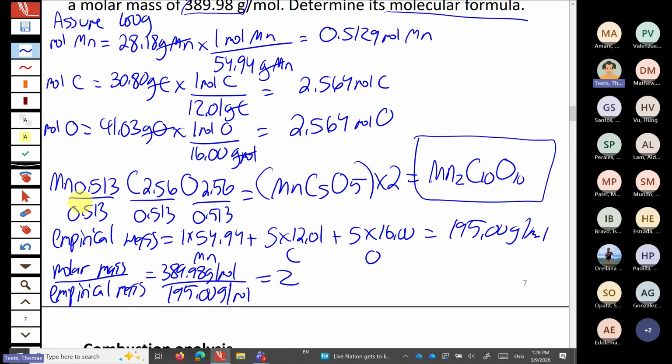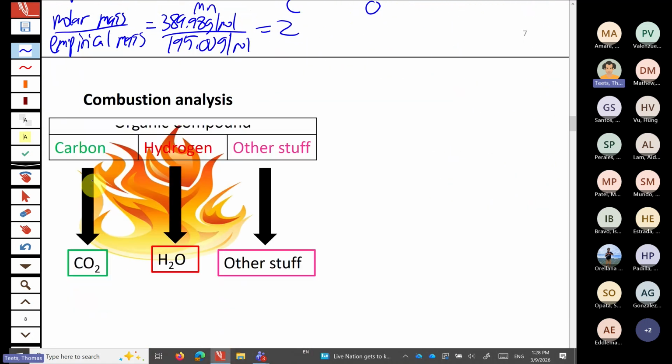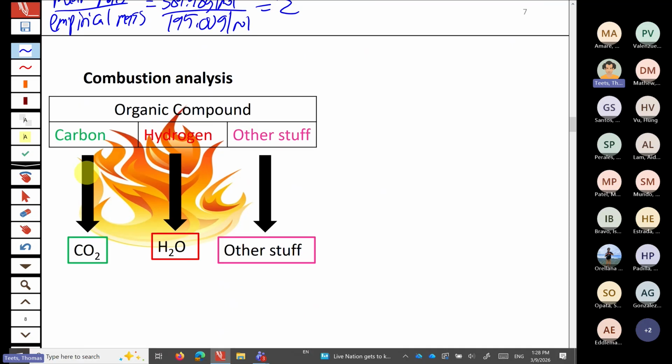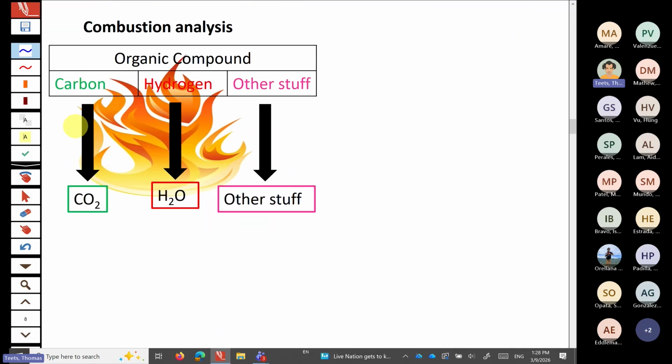All right. So the next major topic is related to this, but it's a more indirect way of getting the same information. The reason we introduced this is because this is really a real experimental technique that people use, especially for organic compounds that have a lot of carbon, hydrogen, and oxygen.